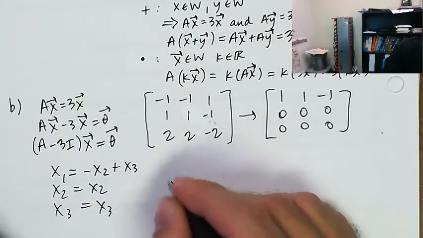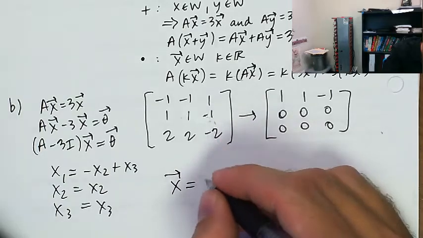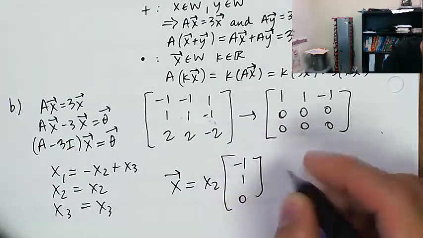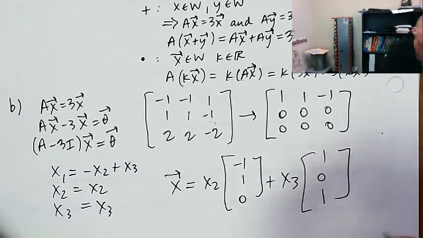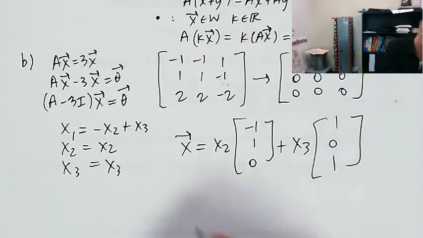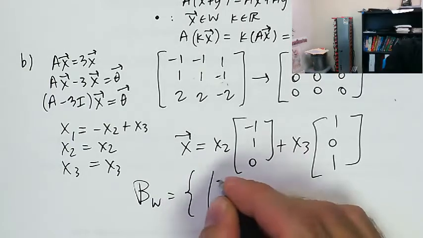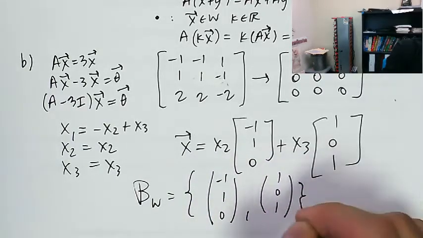Okay, so the vectors that comprise W are x equals x2 times negative 1, 1, 0, and x3 times 1, 0, 1. So that means that a basis for W is equal to the set that has negative 1, 1, 0, and 1, 0, 1 in it.